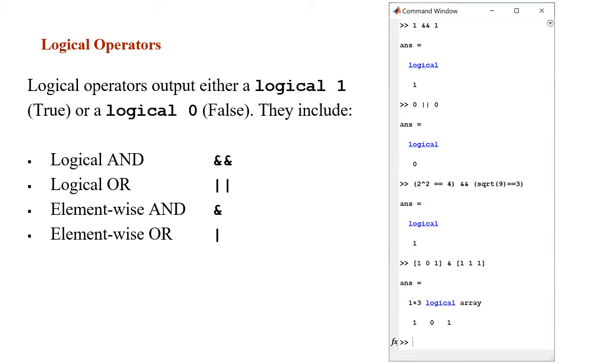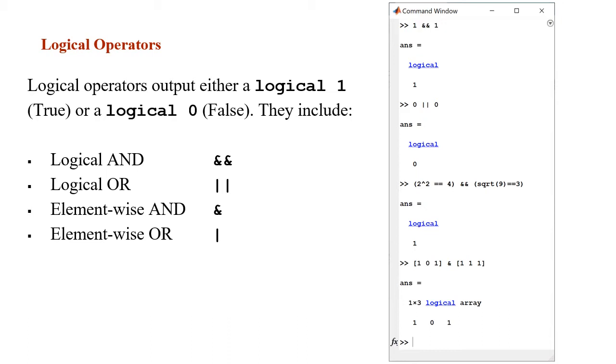So this is beneficial when you're checking for conditional statements. If you need something to happen if something is true, sometimes you'll need to use a combination of both logical operators and relational operators, just like what we have in this example here.